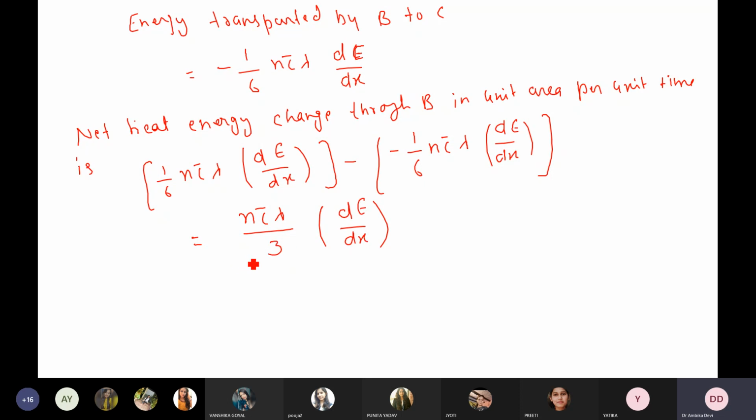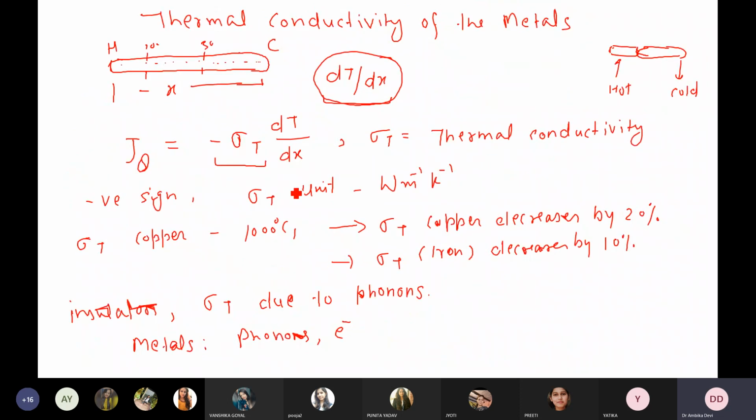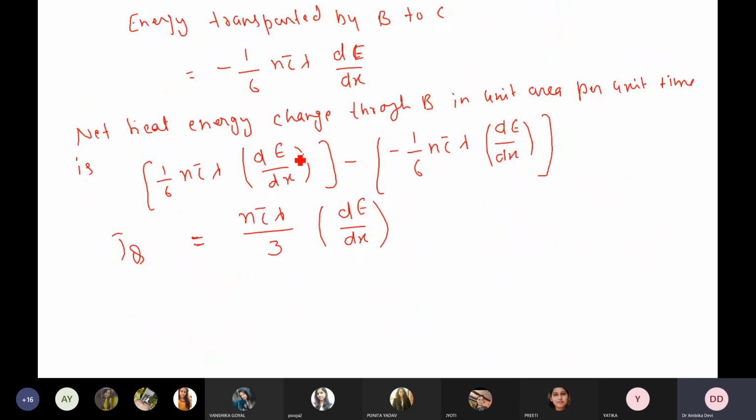And this net energy change must be equal to the product of the thermal conductivity and temperature gradient. Because you said this first: this is your net heat energy change, J_Q. And this is equal to what you wrote at the very beginning, the heat transfer equation 1. So this is minus sigma T dT by dx. Okay, if I equate this, let's say this is equation number 1.